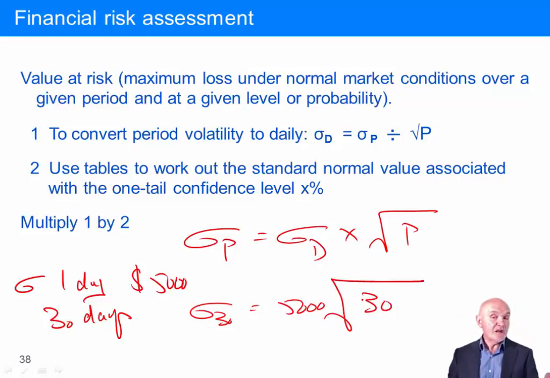Or if it was 5 days, it'd be 5,000 root of 5, square root of 5. Or it was 100 days, it'd be 5,000 times the square root of 100. So in this case, let's work that out here. It's going to be 30 square root is about 5.4 times 5,000. It's going to be 27386.